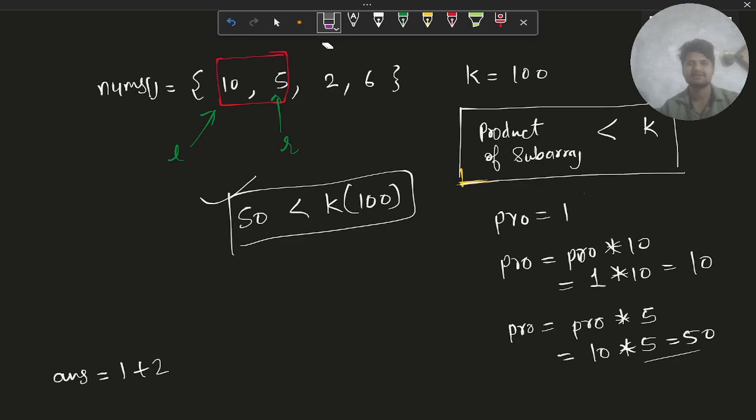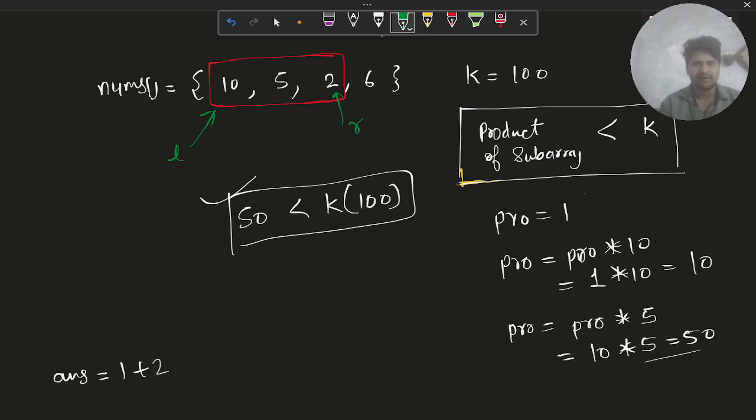Now if the condition is satisfied, we have to increase the window. Increasing means I am going to increase my right pointer. So my right pointer is now pointing to the third index. This is my current window and my right pointer is pointing here.